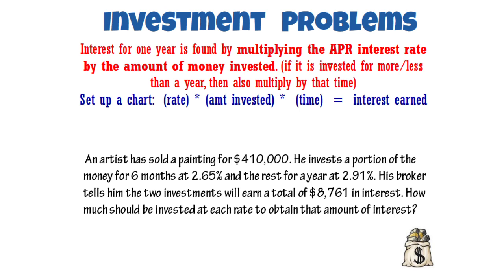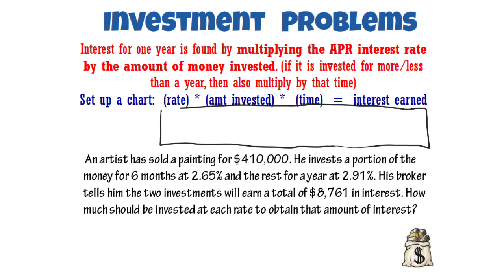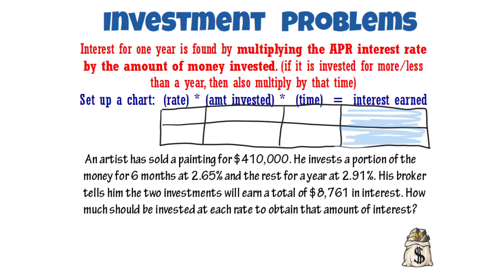Okay, so the clue is to set up a chart. So here I go. Now, I have 3 things I have to look at: the rate, the amount invested, and sometimes the time. The interest earned, again, this is going to be what I'm going to shade. I am not going to fill in these boxes. This is going to be filled in from the equation I am creating right here.